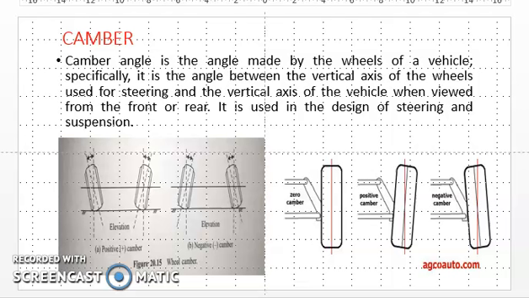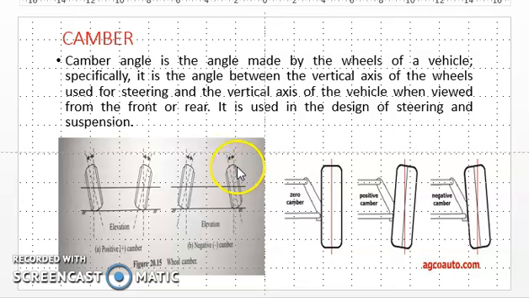Now we have seen in the previous video what camber is. Camber is the tilt of the car wheels from the vertical. Camber is positive if the tilt is outward at the top, then it is called positive camber.